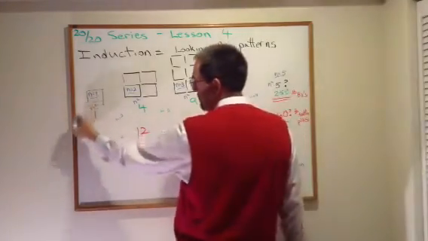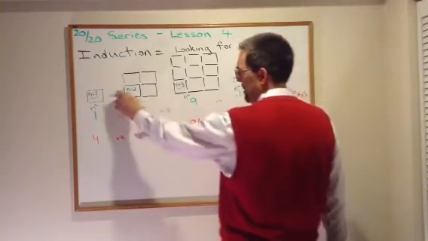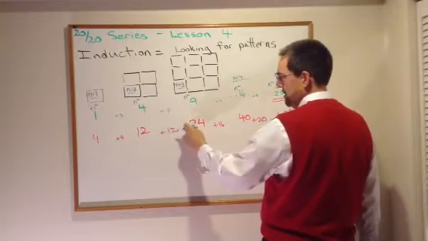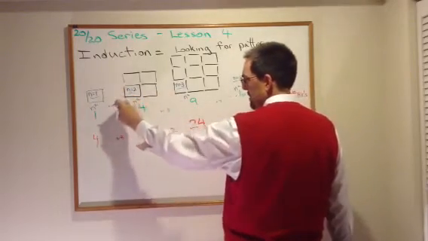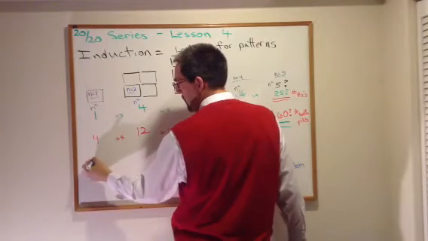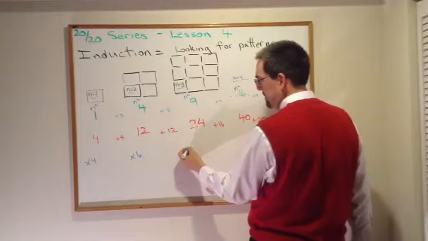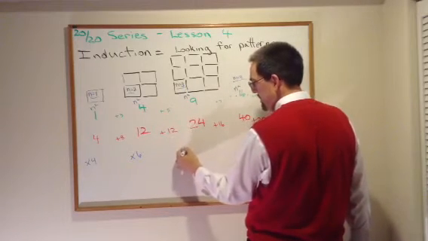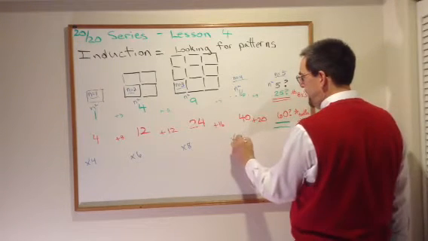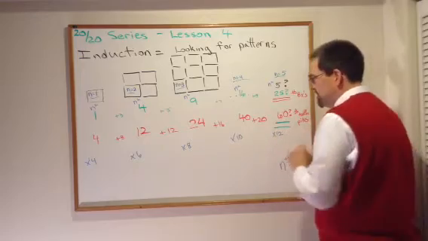Here, though, when we came here, this was harder. Times 4, times 3. No. This was times 4, times 6, times 8, times 10, times 12.